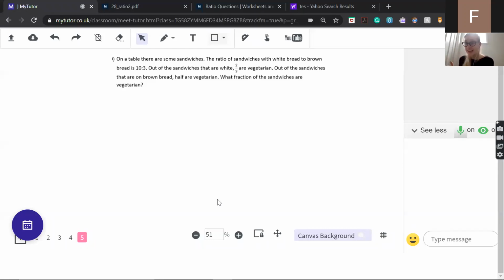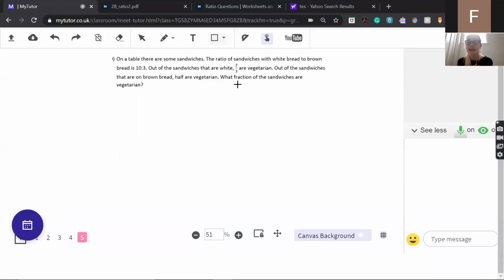Now, this is exactly like the Anne, Bob, Colin question. In this case, instead of giving money to Colin, we're making them vegetarian. That's our kind of divider. That's what we're going to have a look at. Now, in this case, we don't know how many sandwiches there are.